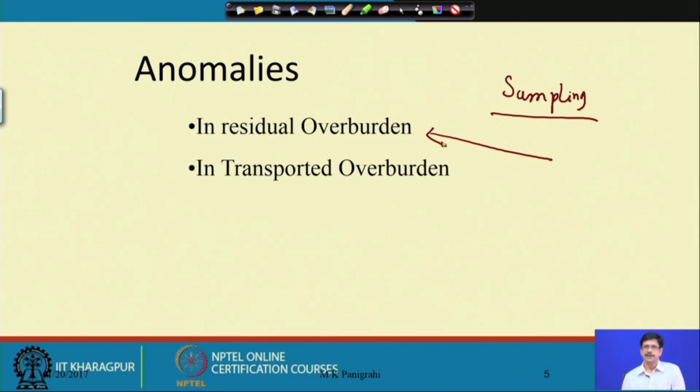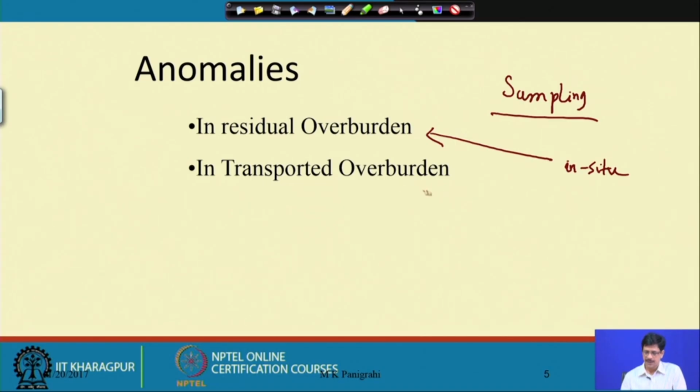Residual overburden essentially means that the soil has formed in situ, meaning wherever we are finding the soil is actually the product of degradation of the rocks lying just beneath the soil profile, the soil horizon, and in that case the soil will inherit the characteristics of the rock from which it is derived. Although the details of the soil forming process are beyond the scope of the discussion here, at least we must understand what the soil type is in a particular area, or the soil profile.